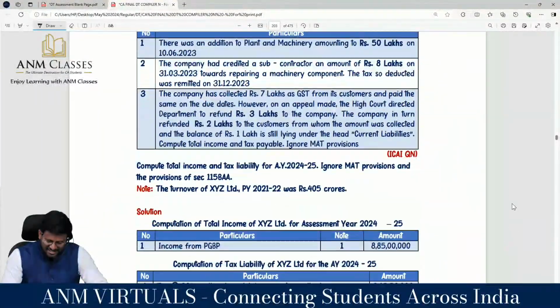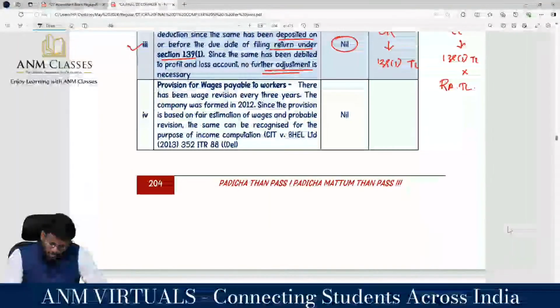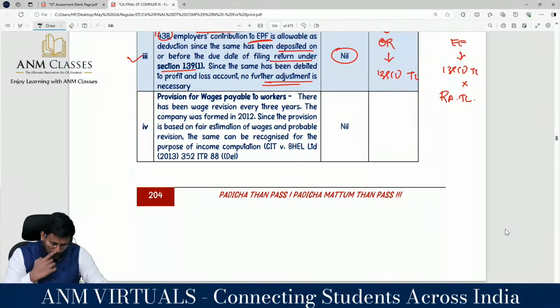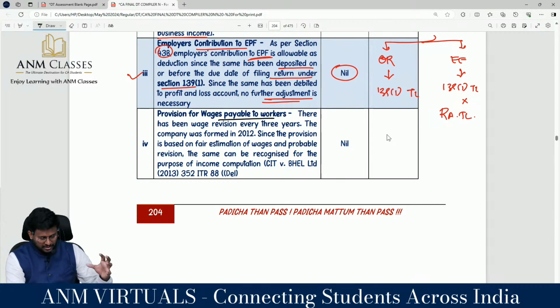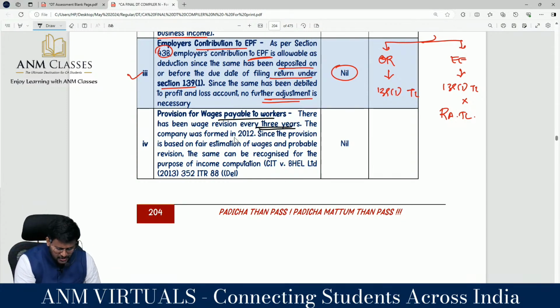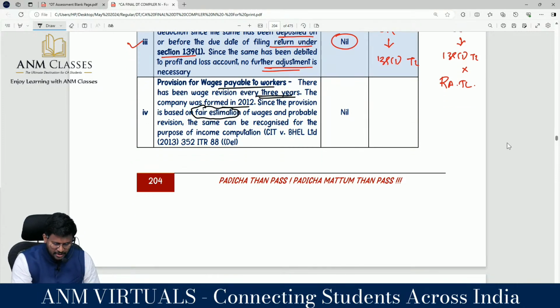He is saying that, sir, it is allowed. Provision for wages payable to workers: there has been a wage revision every 3 years, so this is not the first time. Company was formed in 2012. Since the provision is based on estimation and probable revision, the same can be recognized for the purpose of income computation as per BHEL Limited.